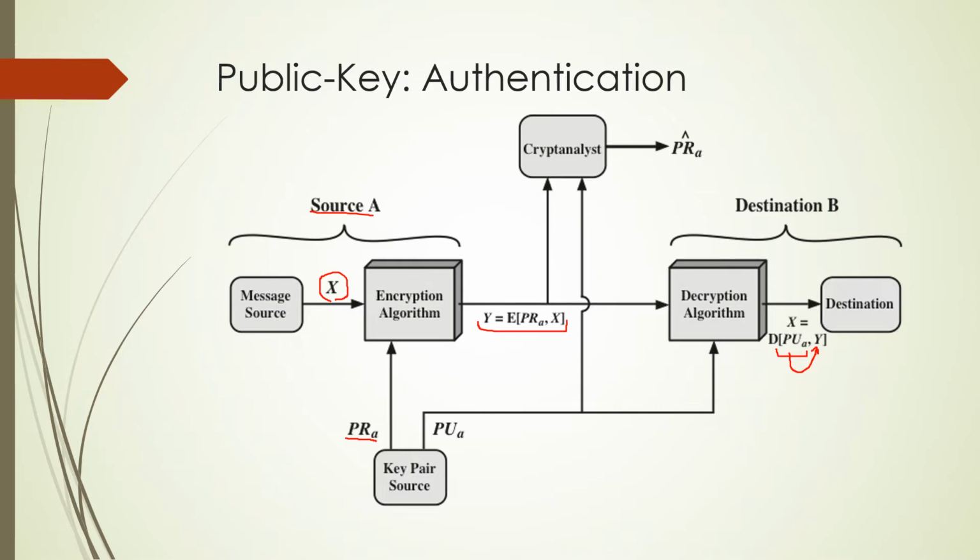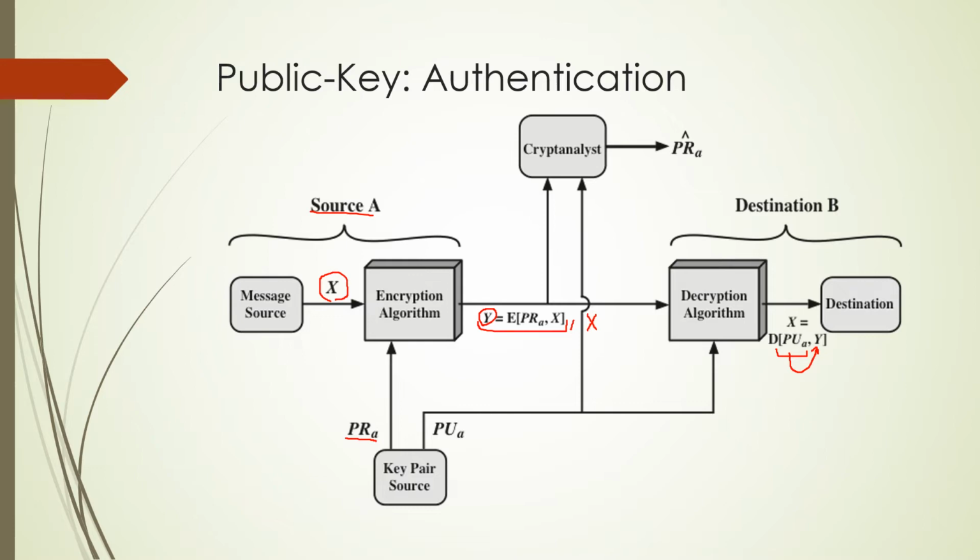Now, as I said earlier, this needs to be a bit more complex. What I mean is we need to send X as well along with this encrypted part, Y. Also, in practice, we are not going to apply the encryption algorithm on the whole message X for the signature.